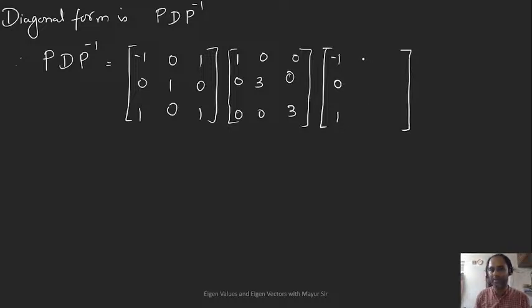Are you getting the inverse, guys? Calculate the inverse and just write down the first row. Is it coming the same? I'm getting the same answer. The same matrix is the inverse.